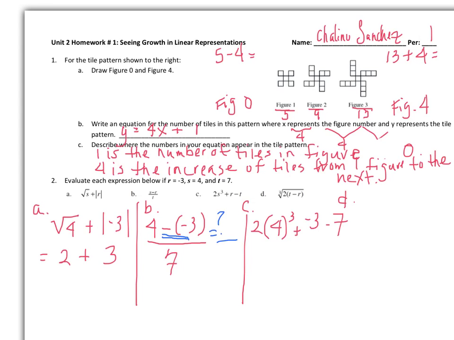D. D says the cube root of 2 times t minus r. So you'd write that out initially as something like this.